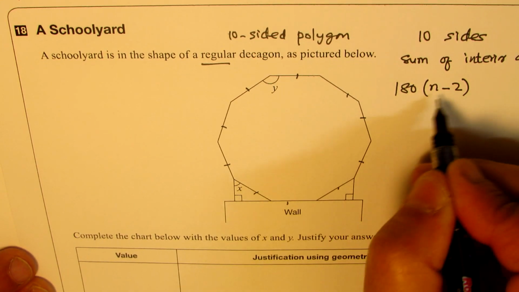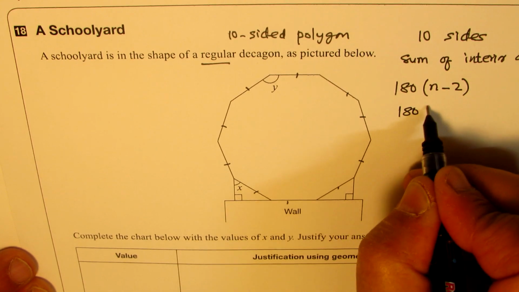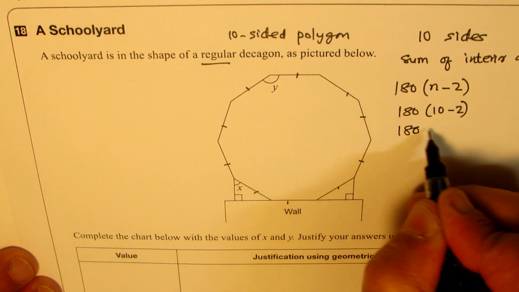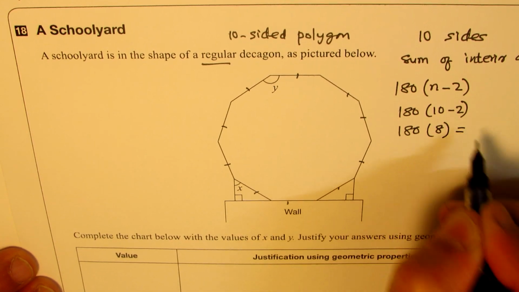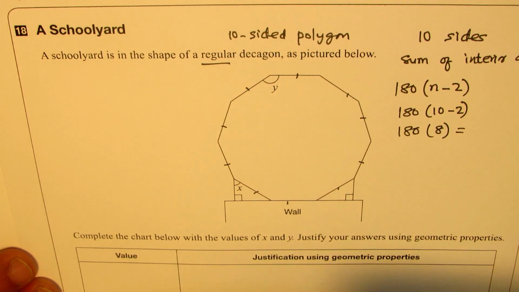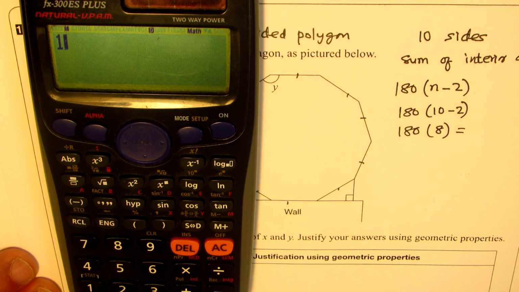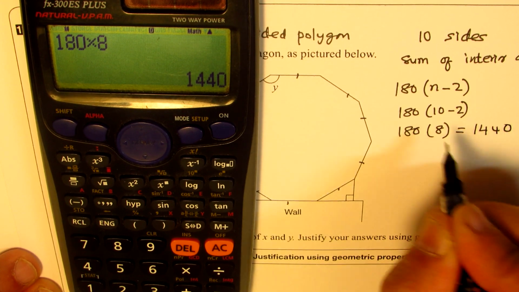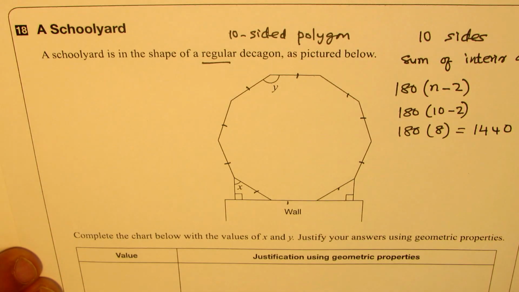That's your formula, right? So it is 180 times 10 minus 2 or 180 times 8. So that is your sum. All right. So let's multiply. We get 180 times 8 as our sum, 1440, right? This is total sum, right?